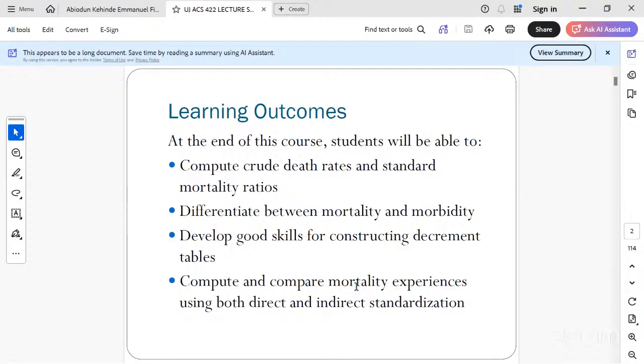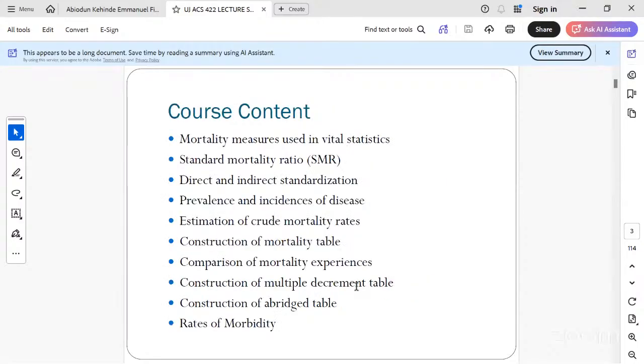You should be able to differentiate between mortality and morbidity, develop good skills for constructing decrement tables, and compute and compare mortality experience using both direct and indirect standardization methods.